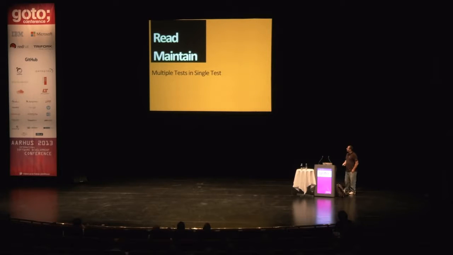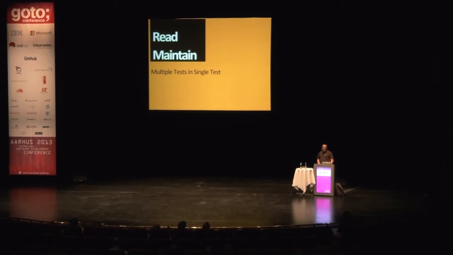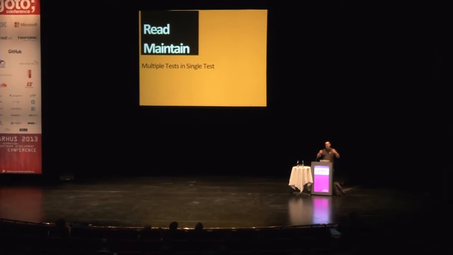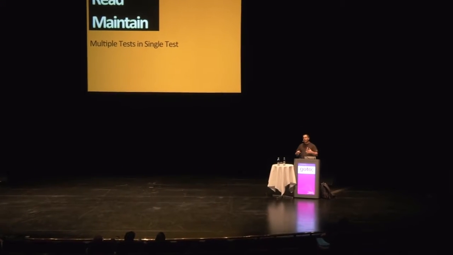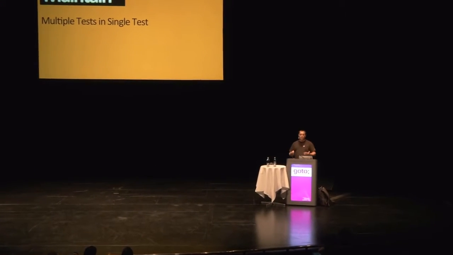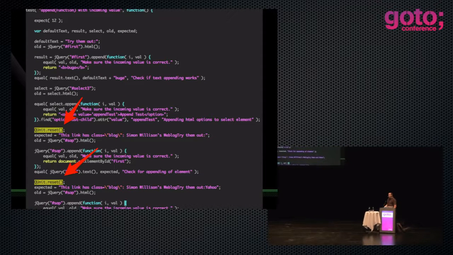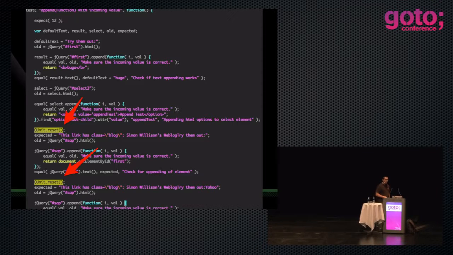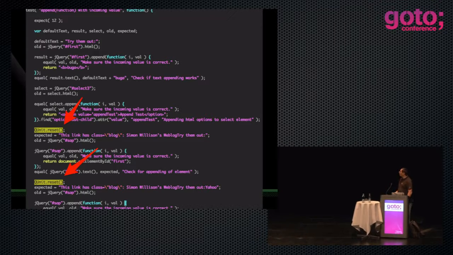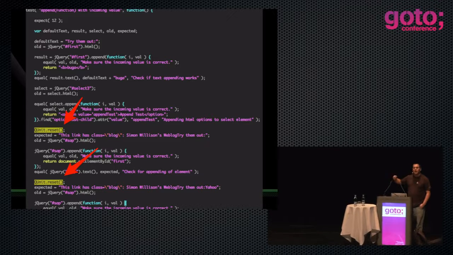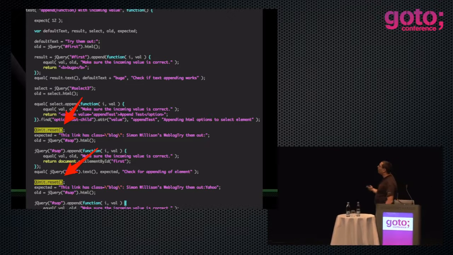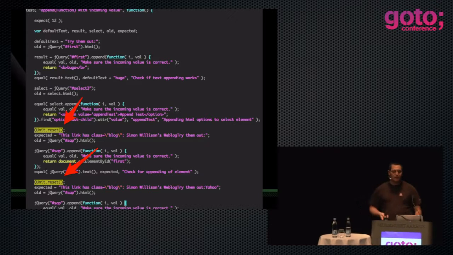So we have multiple tests in a single test, and that's both a readability nightmare and a maintainability nightmare. And one way to fix that is by having some kind of separate test for everything you test. I think that's an important thing that we can do. But it also leads to these things. At the beginning, when QUnit was just starting out, people were abusing it, and they were calling QUnit reset in the beginning and in the middle, and after each and everything that has to be reset.